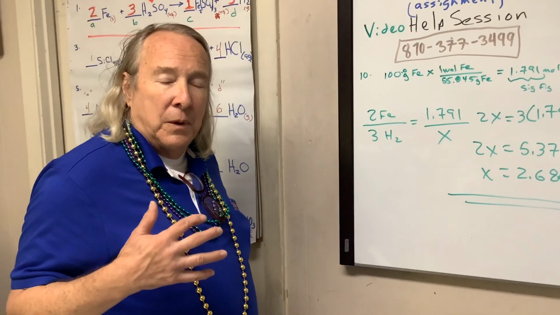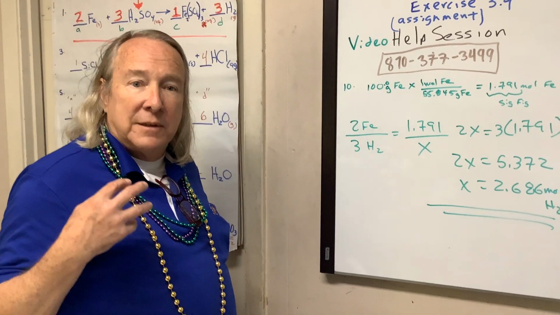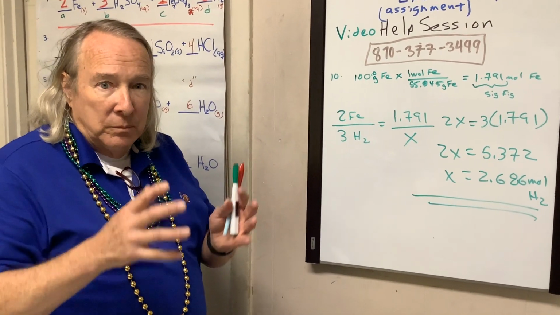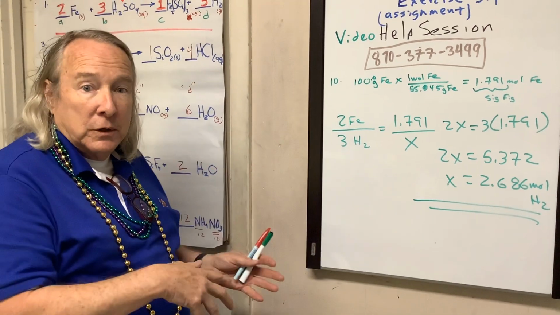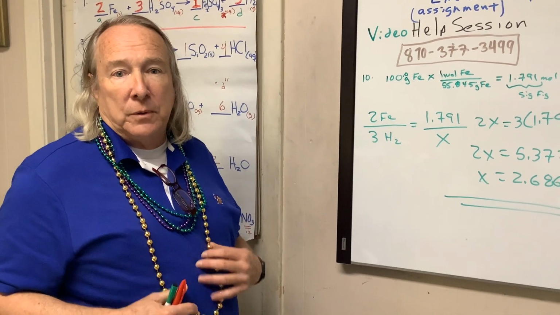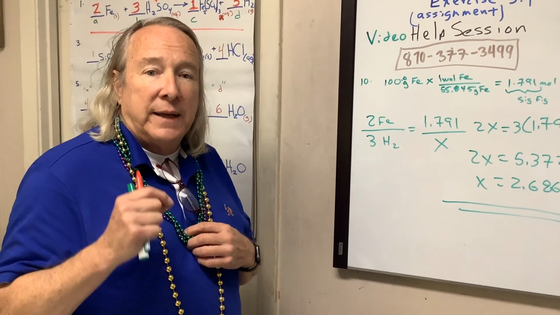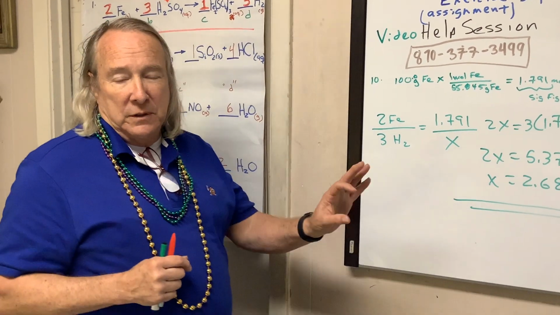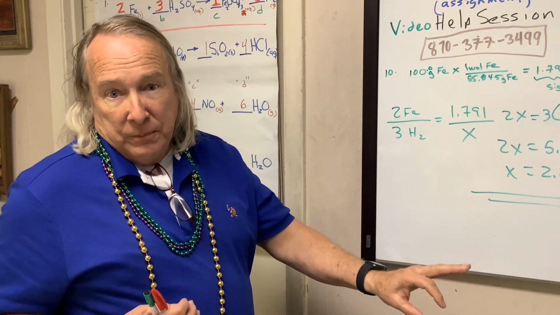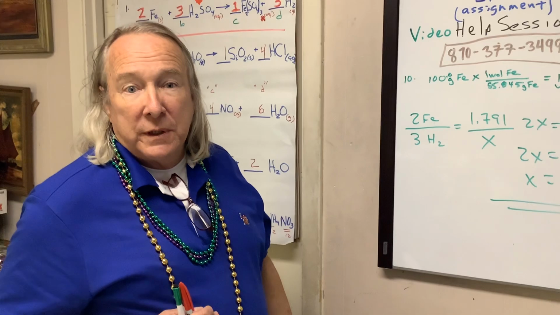I haven't worked problems or dealt with this very much, only mentioned it once, but in our mole conversions, where we convert mass to moles or number of particles to moles and back and forth, for every gas at standard temperature and pressure, as I alluded to when I first described the mole in Avogadro's work, 0 degrees and sea level, every gas has a volume of 22.4 liters per mole.